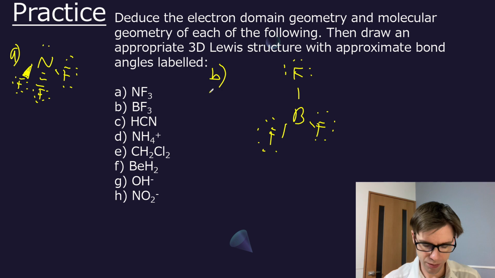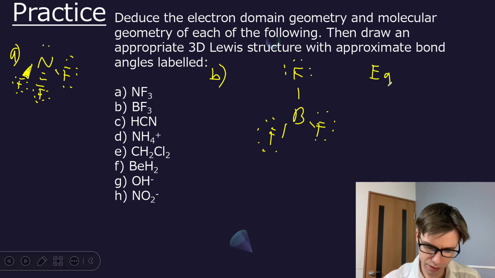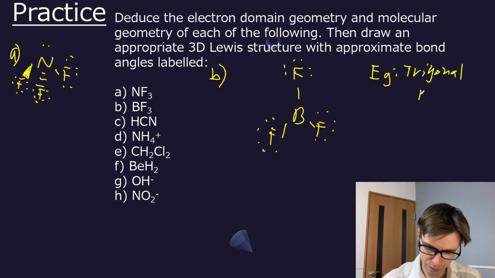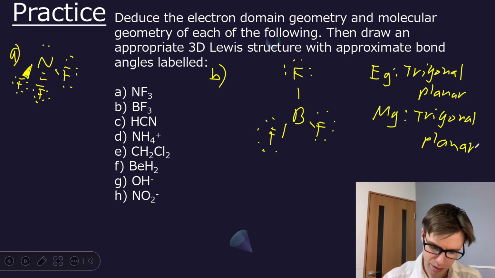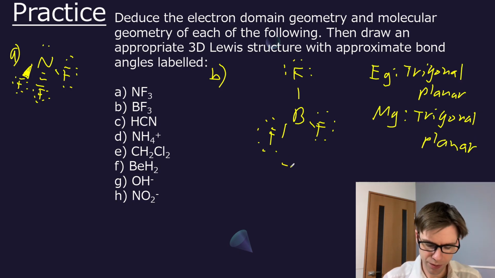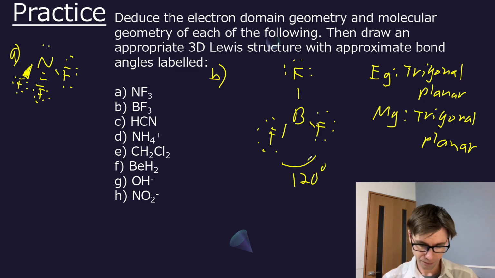But this is just AB3, so the electron domain geometry is trigonal planar, and the molecular geometry is also trigonal planar. And if there's nothing messing with these bond angles, they're all going to be about 120 degrees.